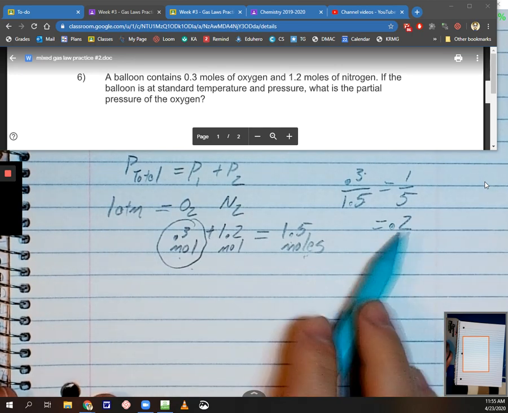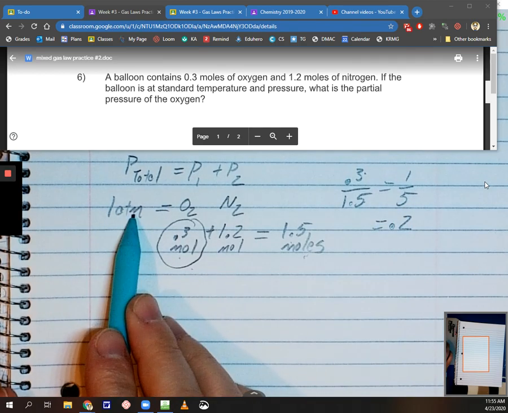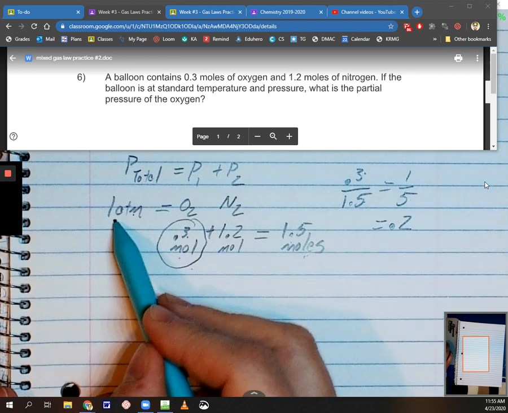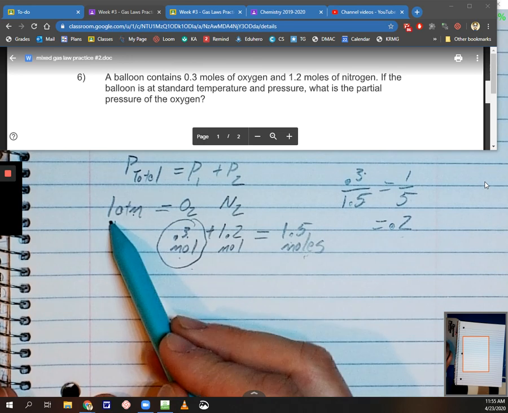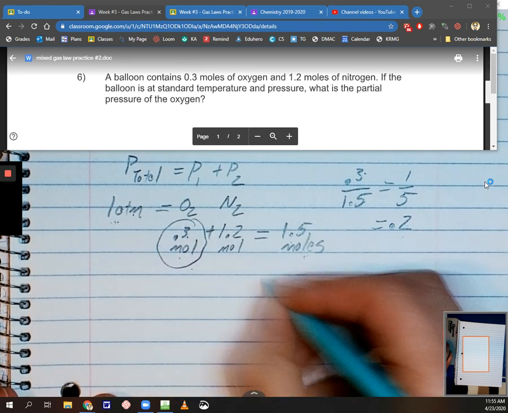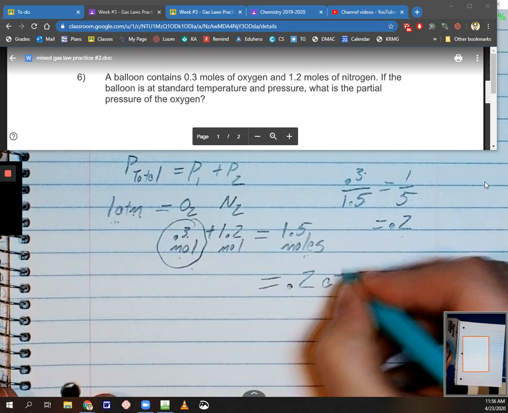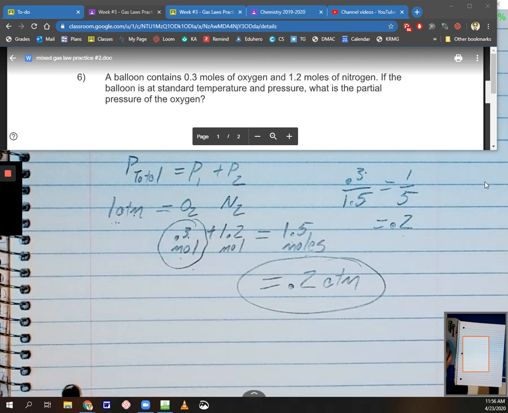So roughly 20% or 1/5 of that total pressure is coming from this oxygen. So 1/5 of 1, or 0.2 of 1, or 20% of 1 equals 0.2 atmospheres. And again, don't be angry, but those are just that easy.